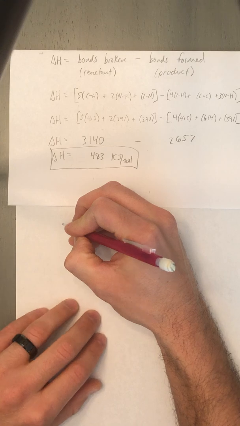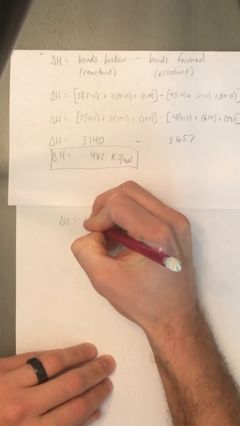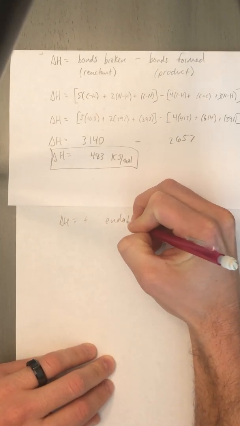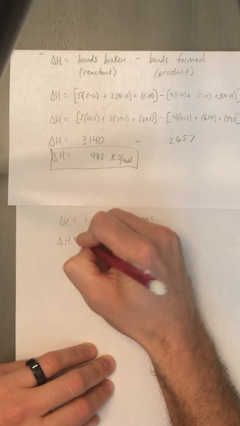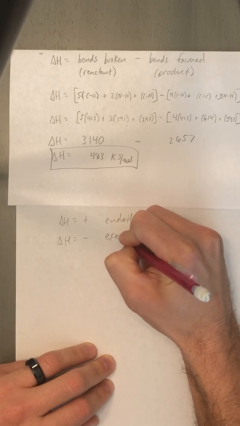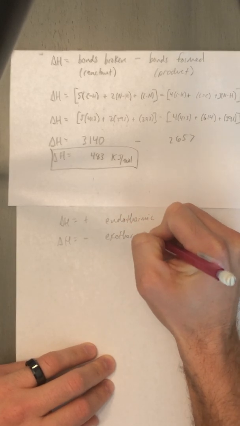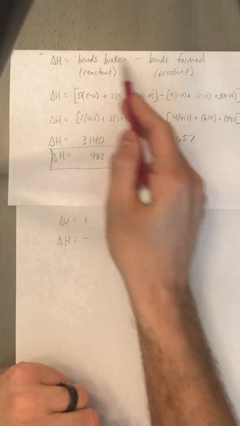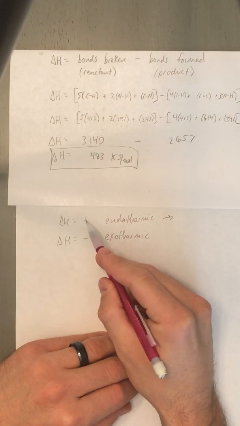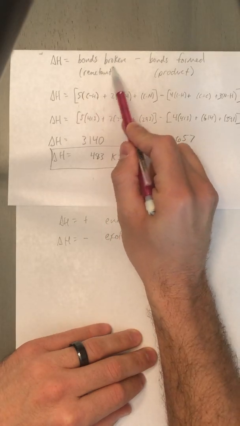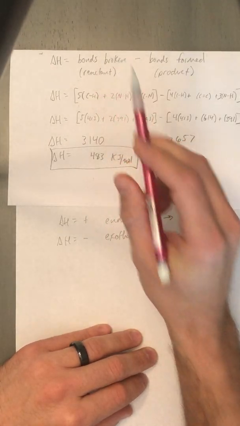So we know that delta H is a positive value if it's endothermic, right? And we know that delta H is a negative value if it's exothermic. And so when we look at the formula, in order for it to be a positive value, that means that this is going to be a bigger amount.